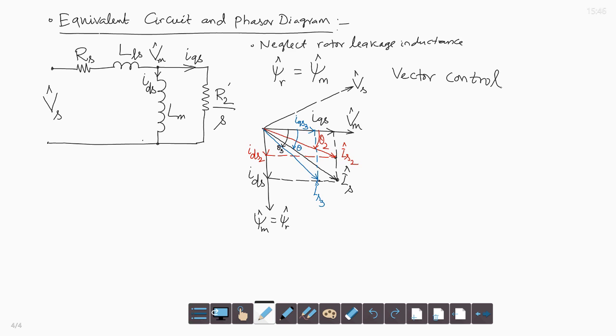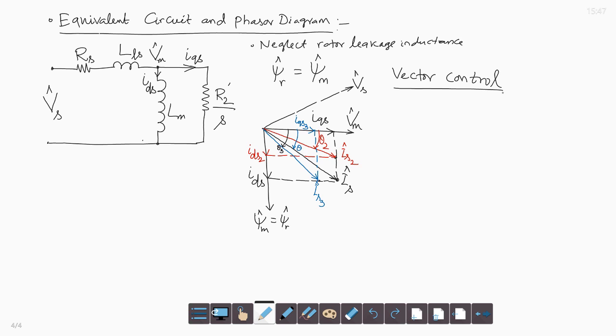When we change the applied voltage or frequency, the magnitude of the current changes. We control the magnitude of the current, but we do not change the phase angle of the current. An alternating AC quantity has both magnitude and phase. In vector control, we control the magnitude and phase of the current, so that we control the current as a vector or phasor. Hence its name is vector control.